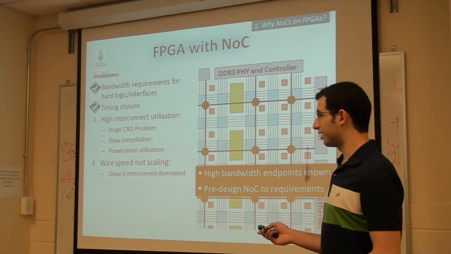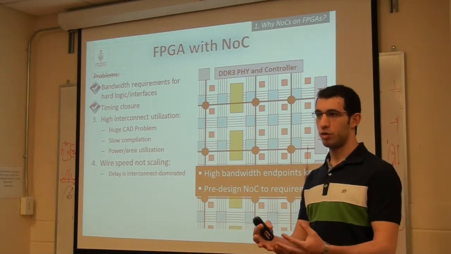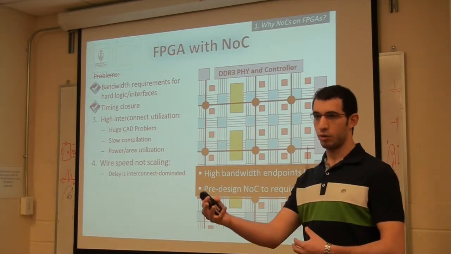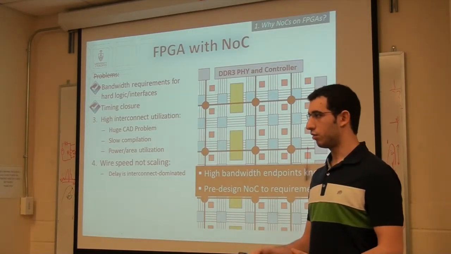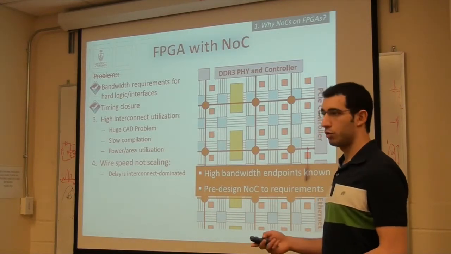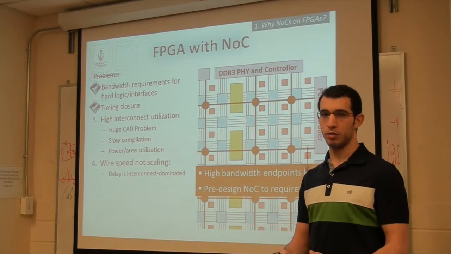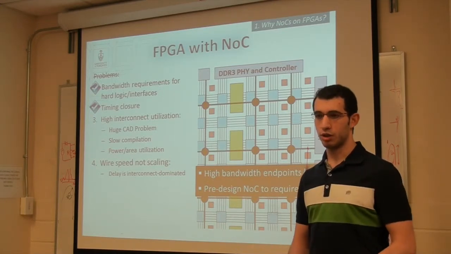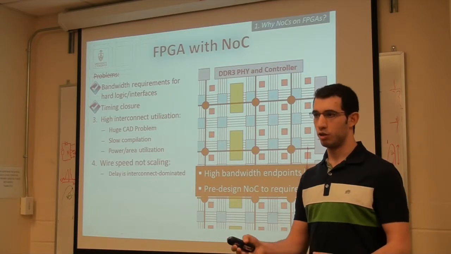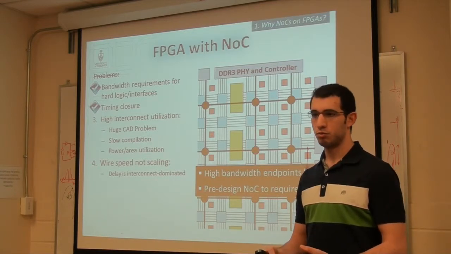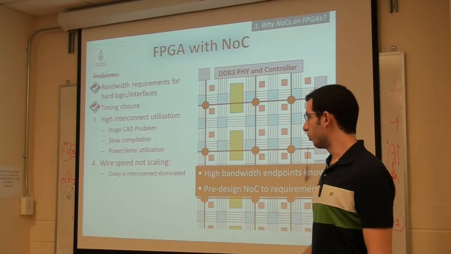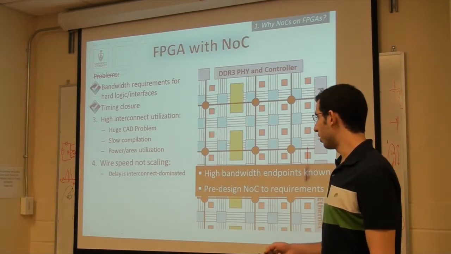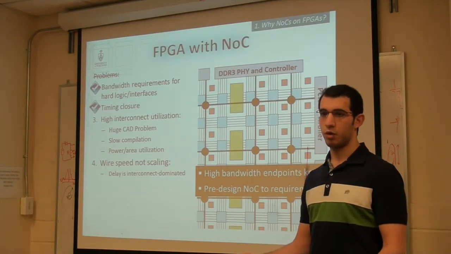And so instead of using the unstructured general purpose interconnect to connect those interfaces, we can tailor a network on chip with the timing requirements of these I/O interfaces in mind. So we don't have to worry about timing closure using an unstructured network of short wires and fast transistors basically. We can do it in a better way by embedding a network on chip that has these requirements into it.